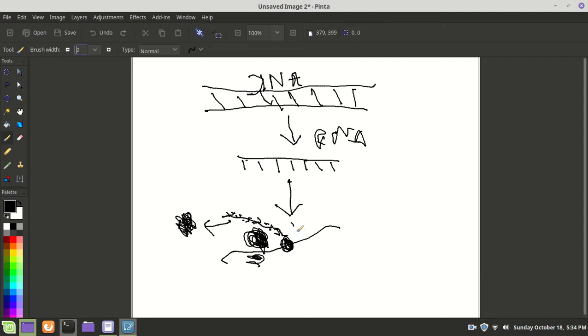If you think in terms of eukaryotes, the RNA leaves the nucleus and goes to find the ribosome. This is an amino acid sequence, which we call a polypeptide, and when it folds up, we call it a protein.